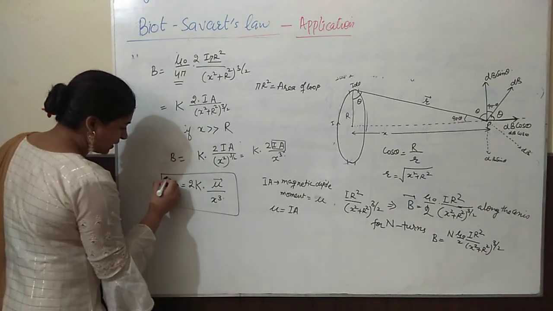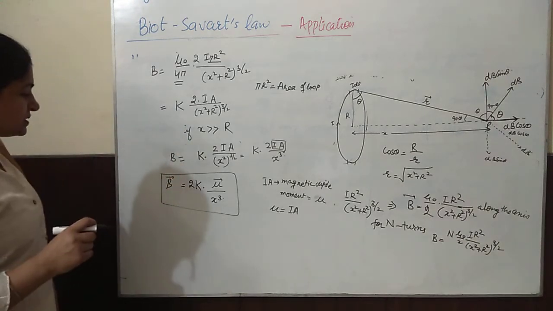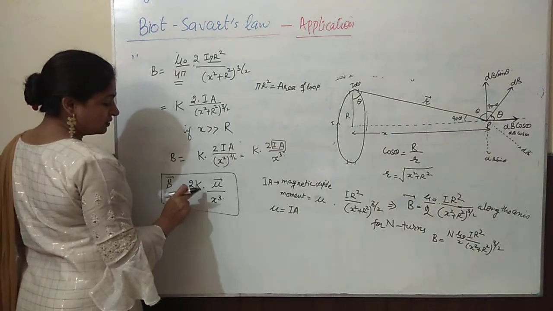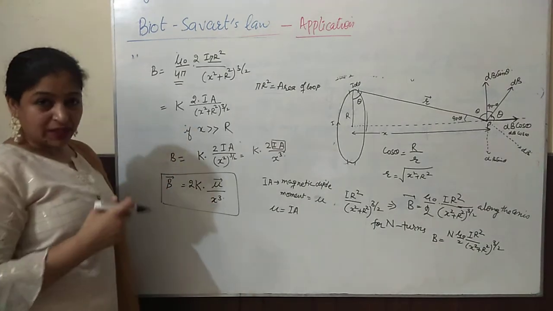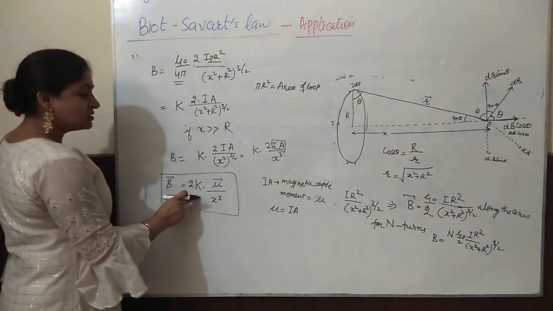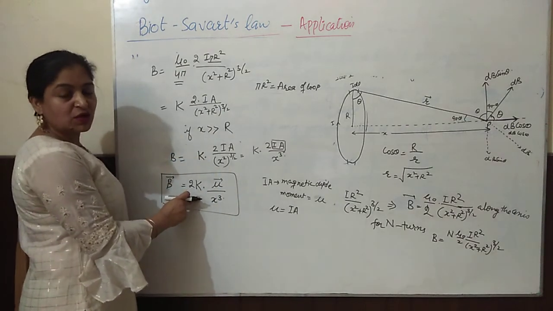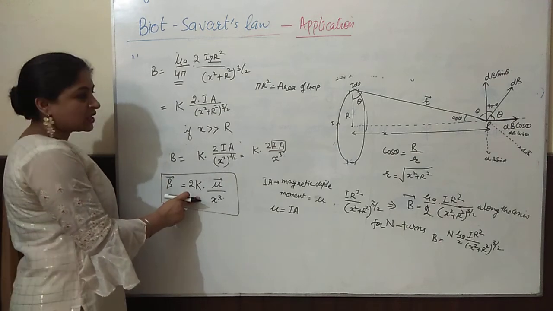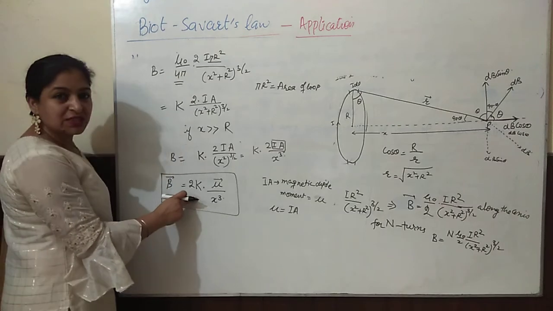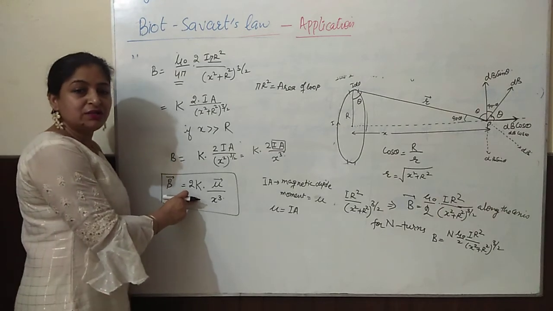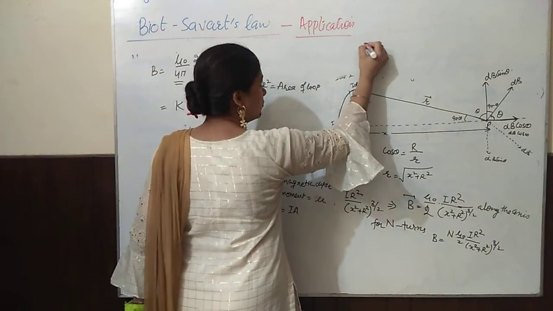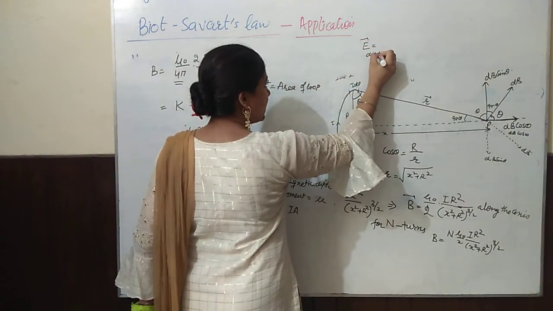Dipole moment is a vector quantity, so you can write it like this. And if you recall the electric field of an electric dipole, you have got the same type of expression for the electric field due to an electric dipole at an axial point.